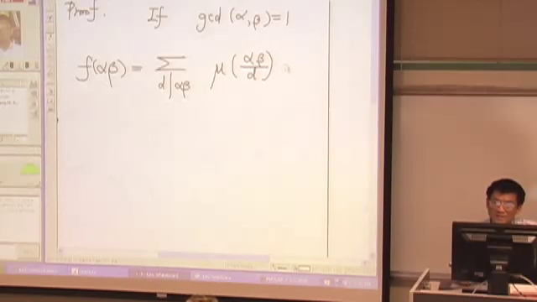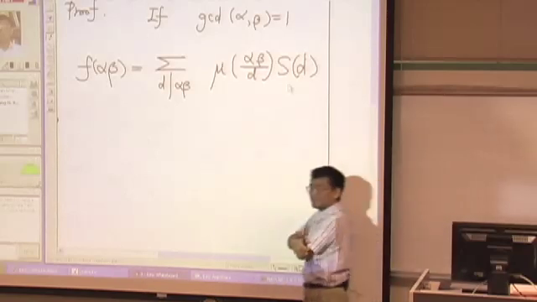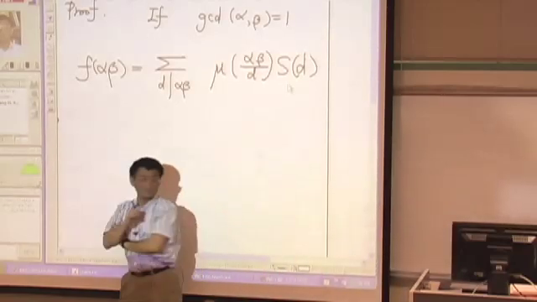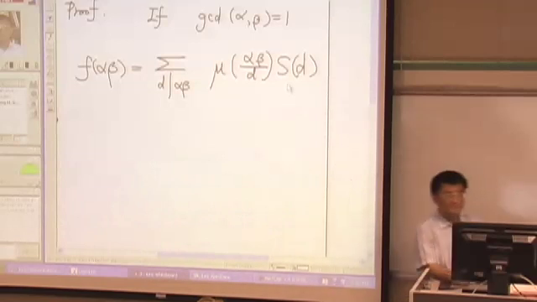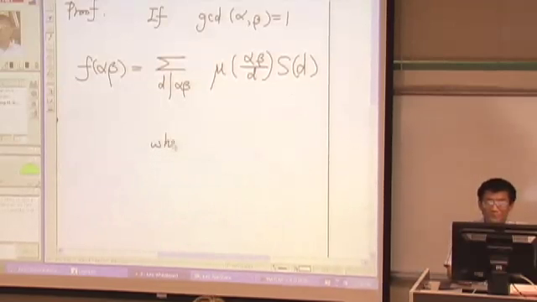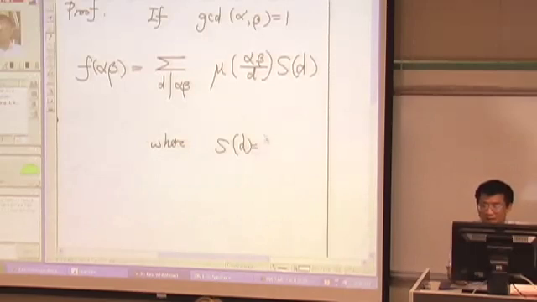I didn't name the sum, so I will just say sum, right? The sum didn't have any name, so I attached the name S of D, where S of D represents the sum, right?